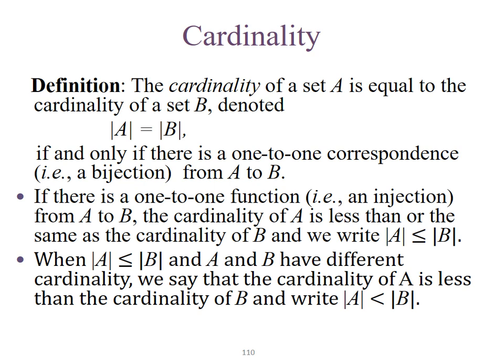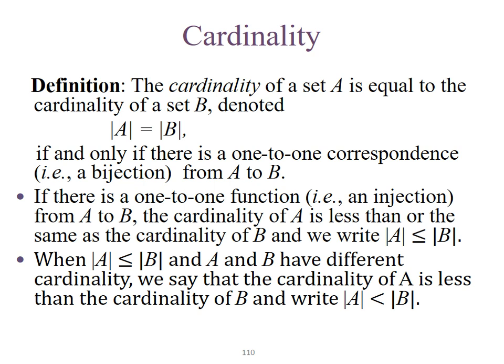Then we can fully make sure that the cardinality or the number of elements is equal in set A and set B. And later on you will see how the question asks you to prove a one-to-one function from A to B. Then you can write the cardinality of A is less than or equal to the cardinality of the set B. If you can find only a one-to-one function, because we just defined one-to-one correspondence to indicate their cardinalities are equal.